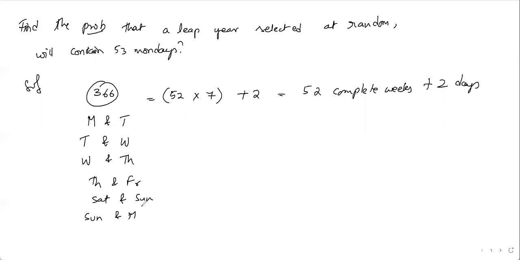Let E be the event that the leap year has 53 Mondays. So E will be Monday and Tuesday, Sunday and Monday. So P of E will be 2 by 7.